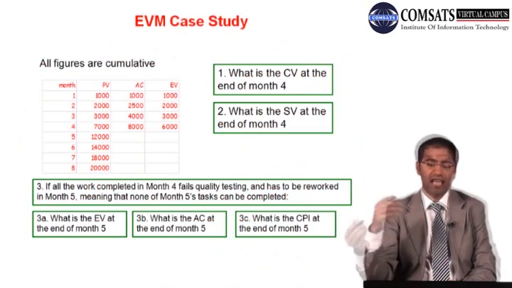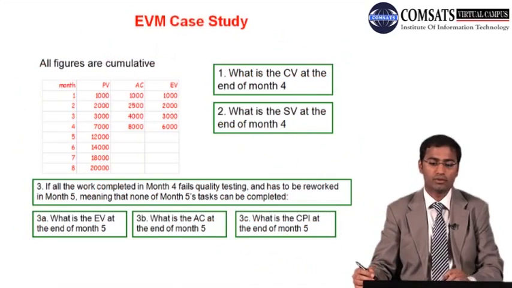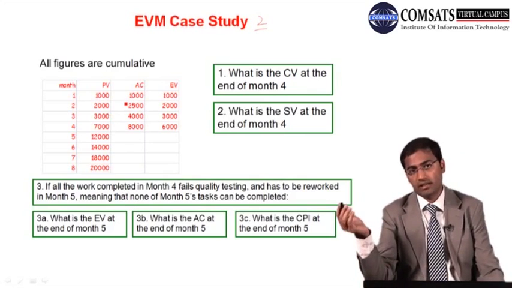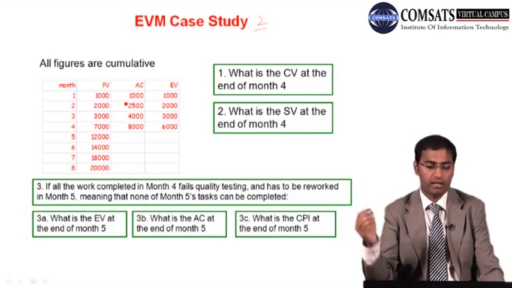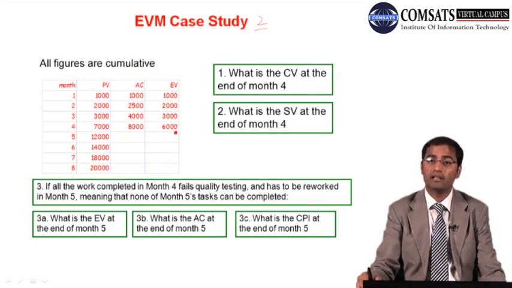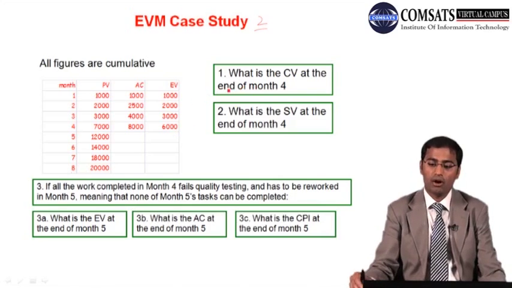Okay, let's move ahead. So EVM case study part 2. The same data is there, the same data we have, and we have 8 months, the same plan value, same AC and same EV data. Now what is the CV at the end of month 4?